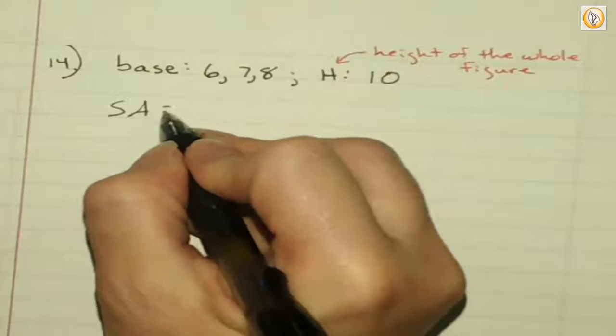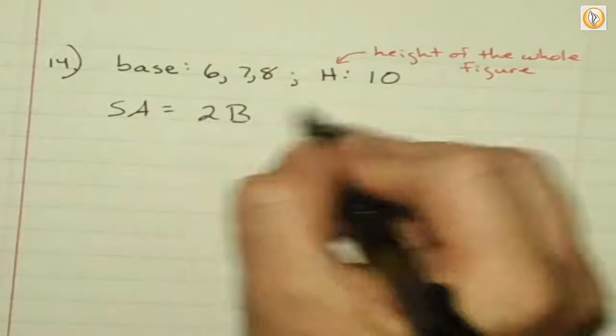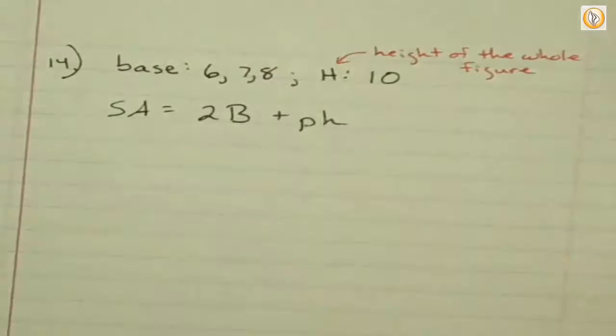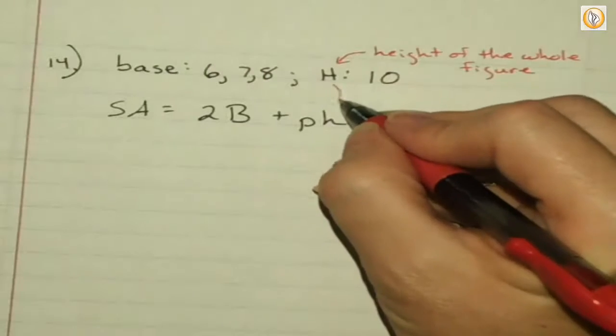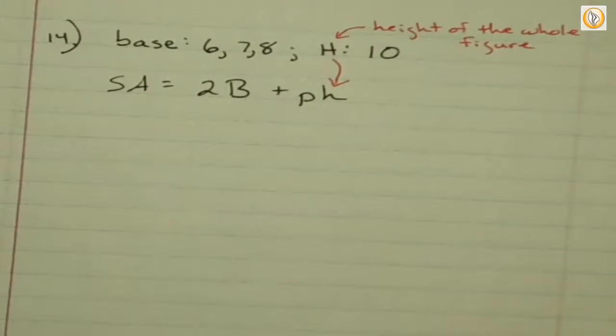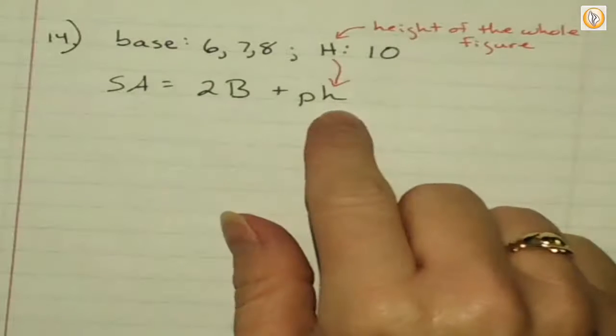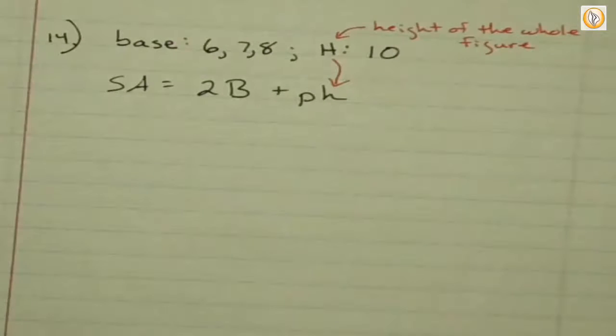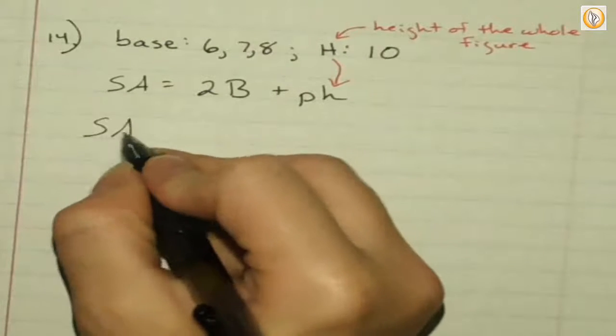So it's 2 times big B plus P times H. That height is that one right there. The big capital H is that height. Do y'all see that? You have to know they're not talking about the other height. They're talking about the height of the whole figure when they have it in capital, so you don't get confused. Now, why they don't put this as a big old capital H, I'll never know. Okay, here we go.